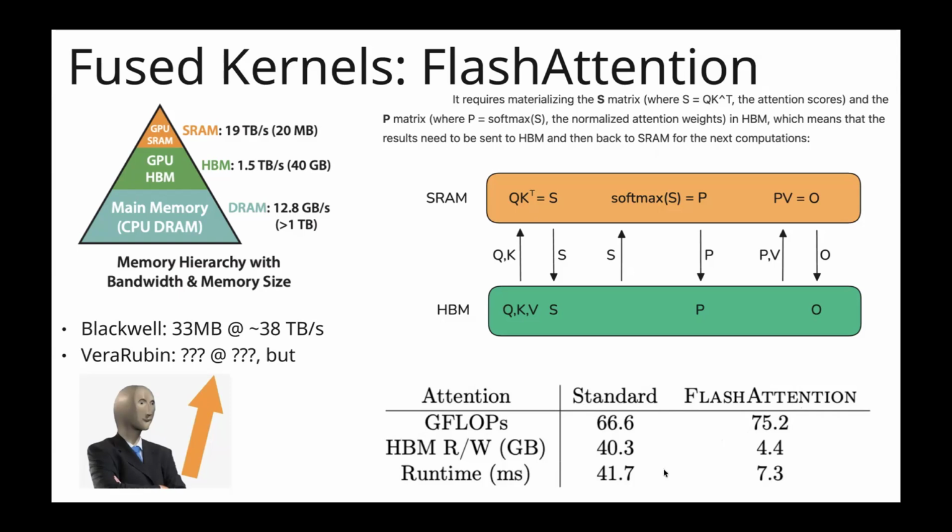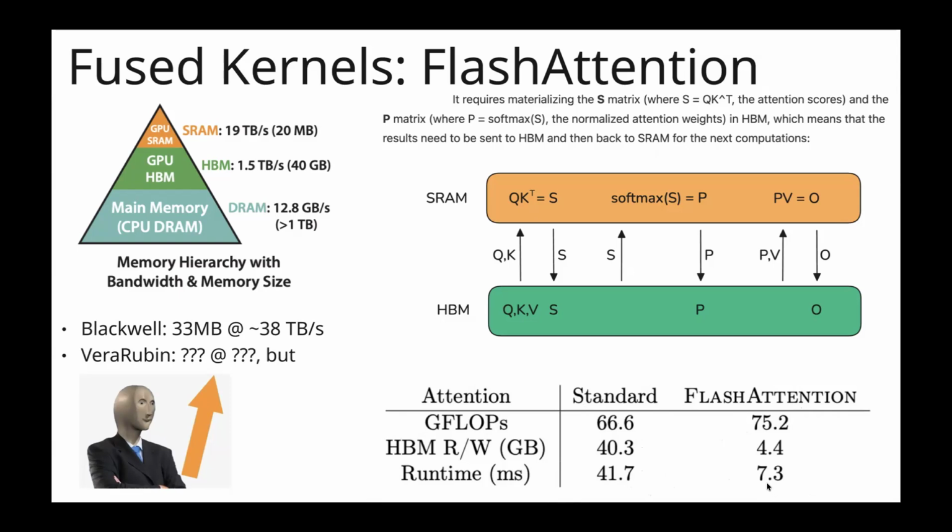But it turns out that because we optimize the reads and writes for the relatively slow HBM memory by 10 times, the runtime for these kernels differs significantly. Flash attention is more than 5 times, approaching 6 times, faster than the naive implementation of attention.